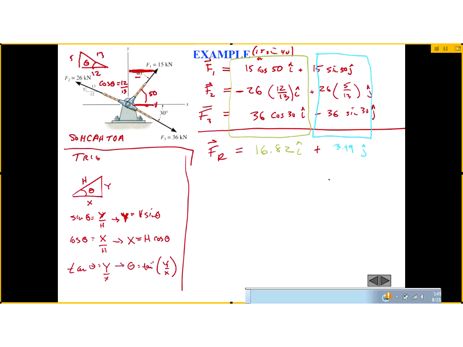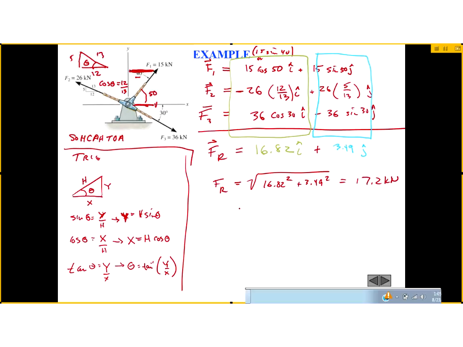So that is our FR, and the magnitude FR, which is FR without an arrow, is going to be the square root of the sum of squares of those things, 16.82 squared plus 3.49 squared, which will give you 17.2 kilonewtons.